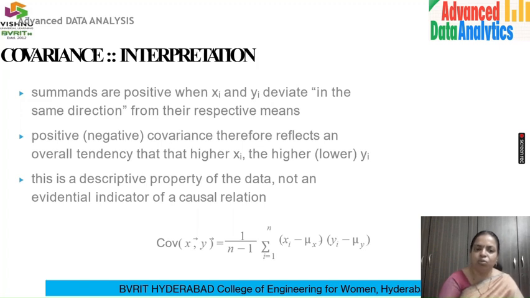If there is more covariance, then we can say that the dependent variable depends more on the independent variables. We can find this out with the help of covariance.